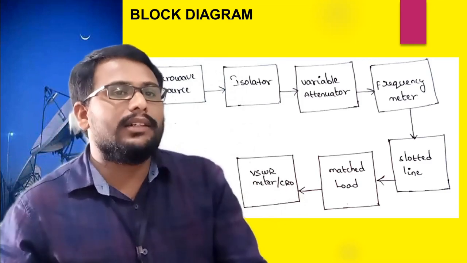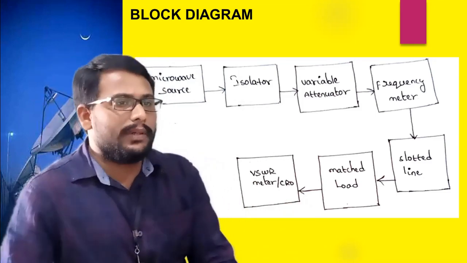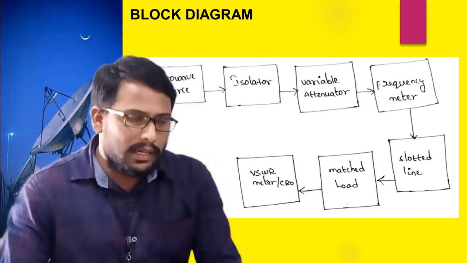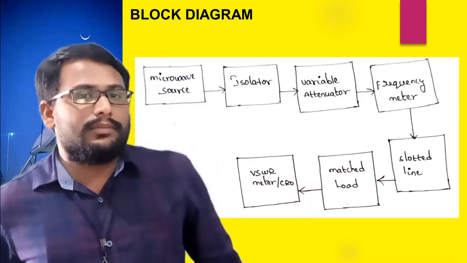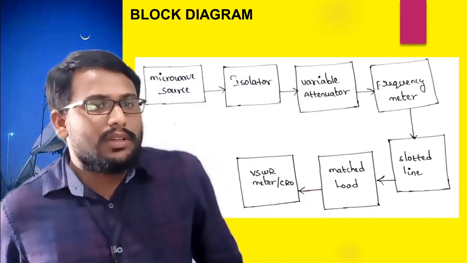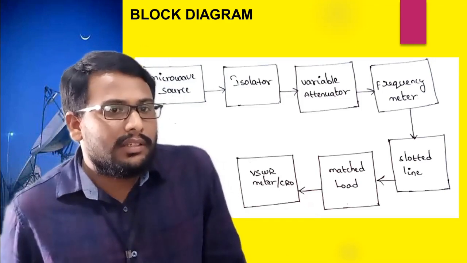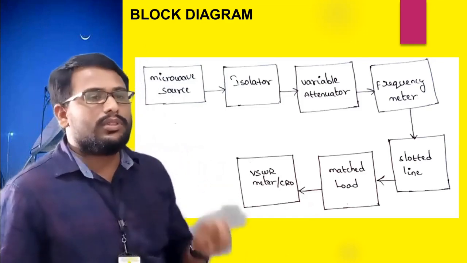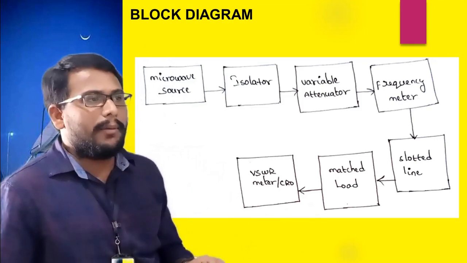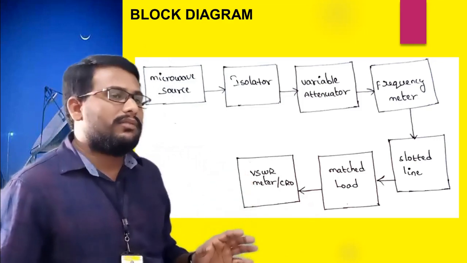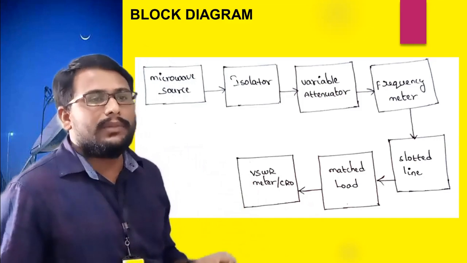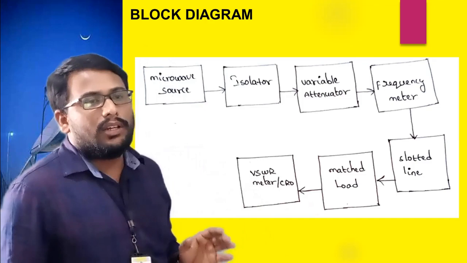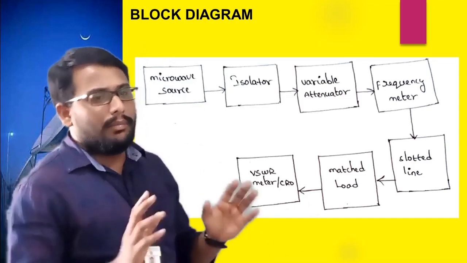One is the gun bias voltage knob, and the second one is the repeller voltage knob. By rotating the gun bias voltage knob, we have to fix the beam voltage in between 230 to 240. After fixing the voltage, we have to take down the beam current reading, and always remember that the beam current should not exceed 18 milliamps.